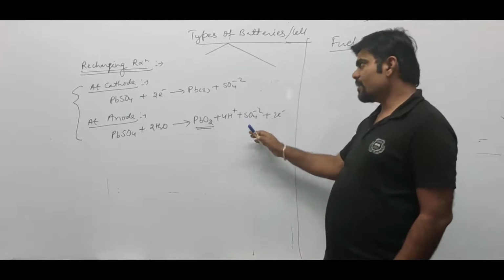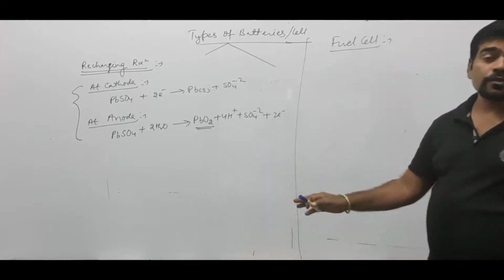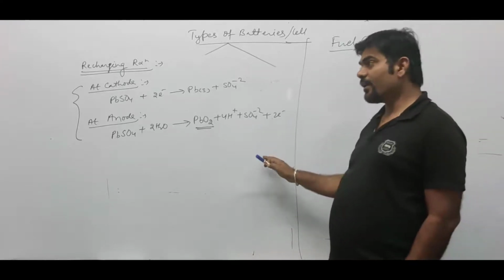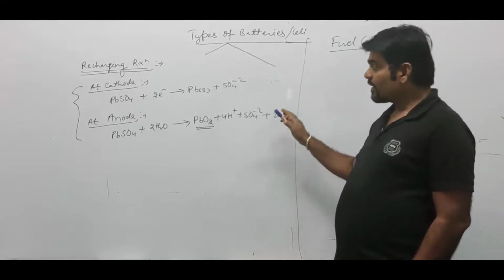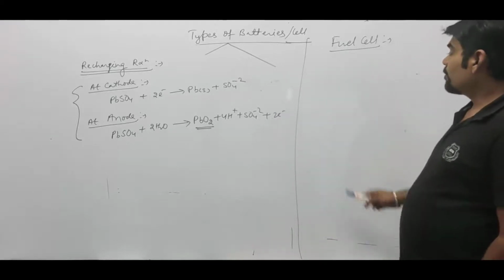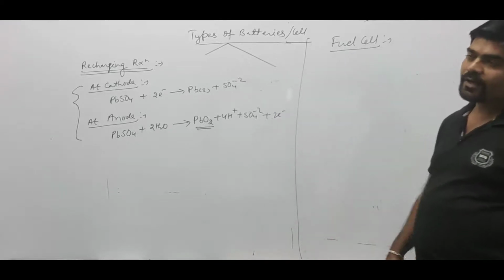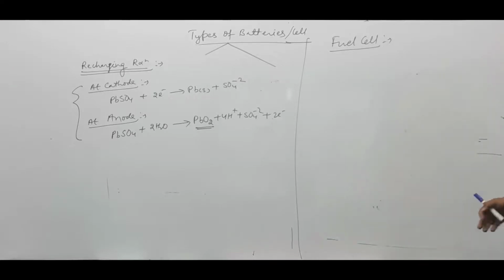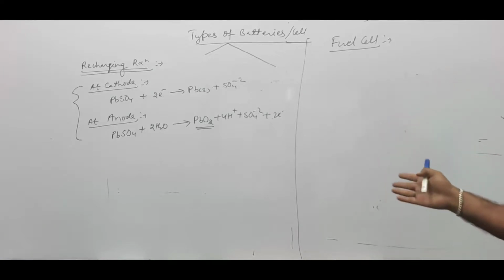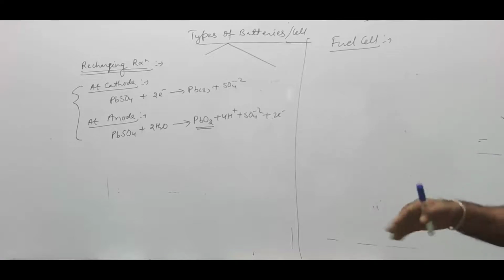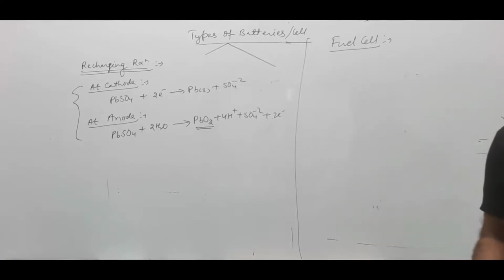Therefore, the cell is not used to provide continuous electric current. Their life is limited. But if we are using something like rocket fuel or for astronaut purposes, we use another cell which will provide continuous electric current, and this fuel cell does not produce any harmful substance even after the chemical cell reactions.